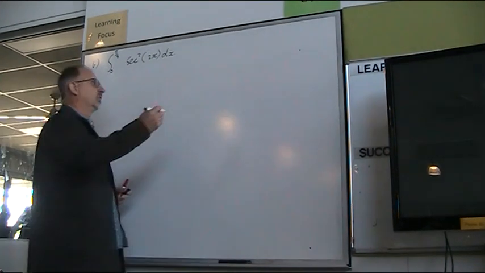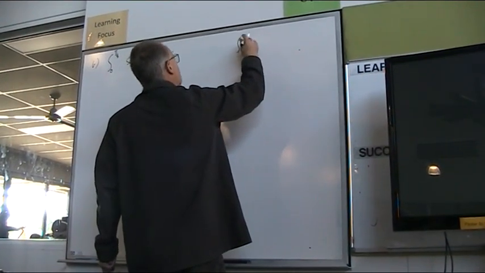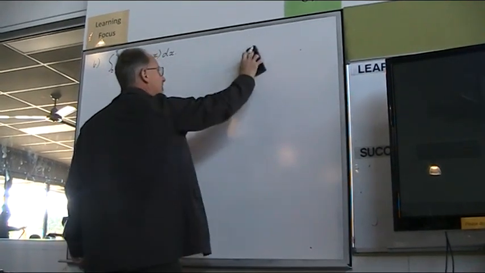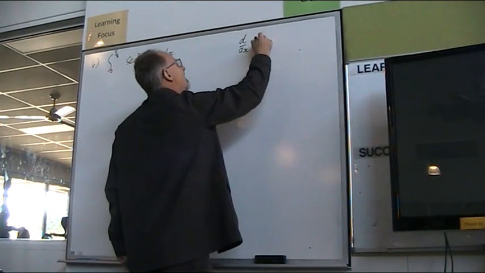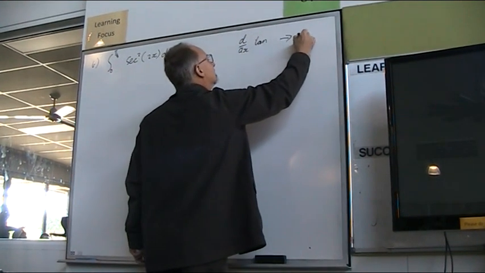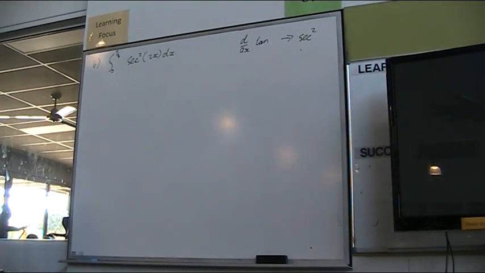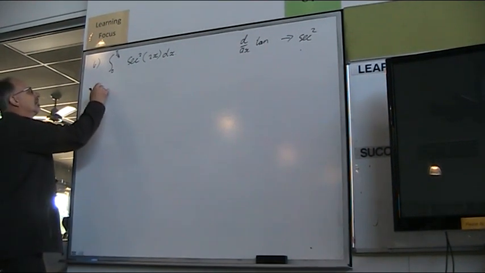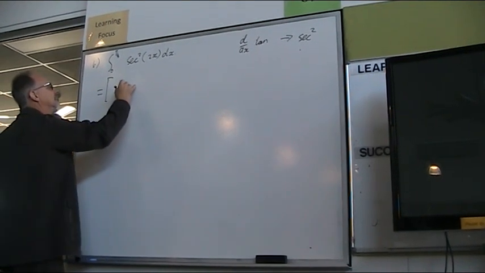However, if you look at your formula sheet, you'll see that if we differentiate tan, we get sec squared, don't we? So always have your formula sheet handy so you can just scan and see. If we're going to anti-differentiate sec squared, we're going to get tan, aren't we?